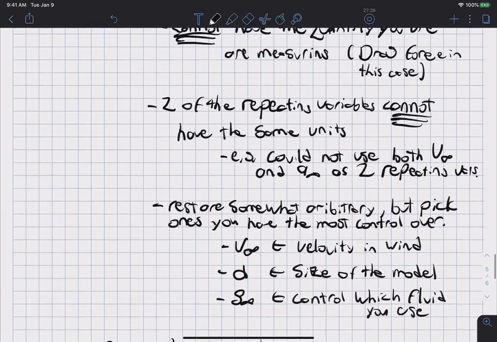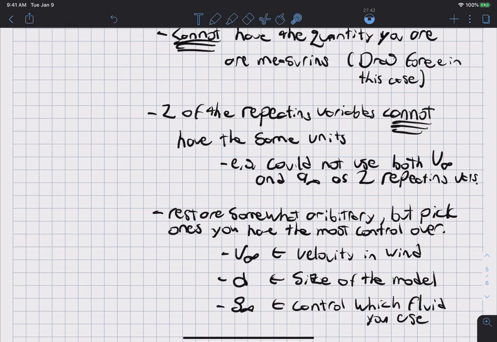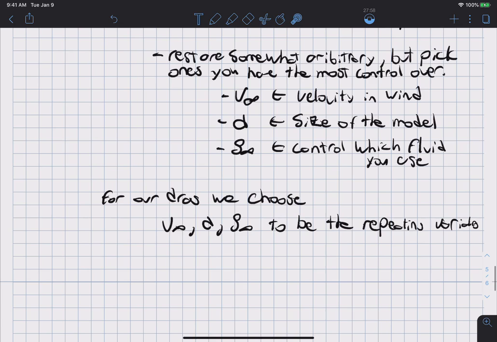Okay, and so we just need to verify, A, we have not picked the drag force, so we have satisfied this first rule here. And now we need to check the second criterion, that the repeating variables should have all the units between them, and two of them should not have the same units. So let's make sure that's true. Well, we found that this was length over time for the units. This was length, and this was mass per length cubed.